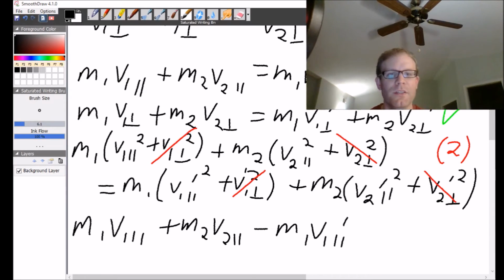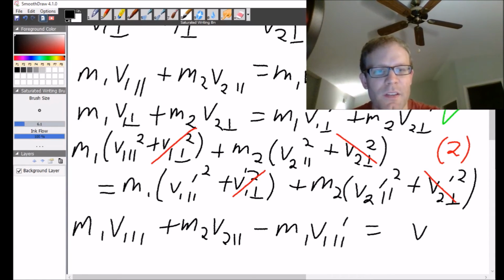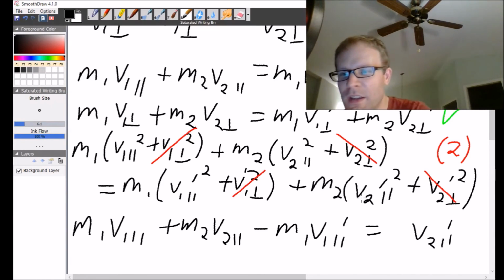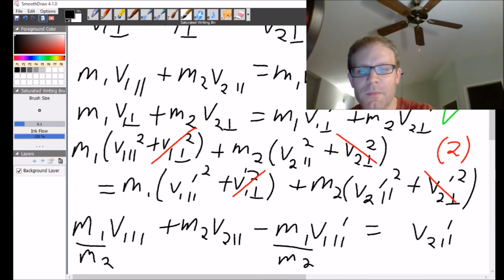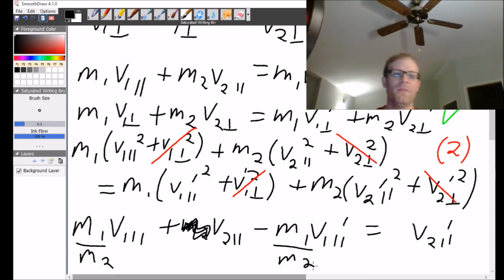Then that equals m2 v2 parallel prime, but I've got to divide both sides by m2. So this thing gets divided by m2, this thing gets divided by m2, and this m2 is just going to cancel out. So I'll have my v2 parallel prime equals this thing. Where I have the v2 parallel prime in this equation, I'm going to plug in that.